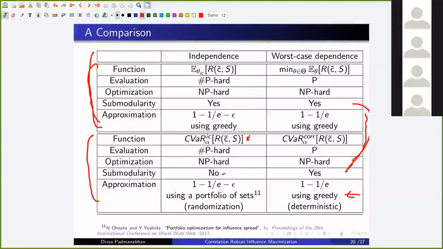So this is a contrast between the two cases. As a takeaway from these techniques, these worst case models at times seem to help computationally, and they seem to simplify the problem more than the stochastic case. I would like to emphasize that takeaway.